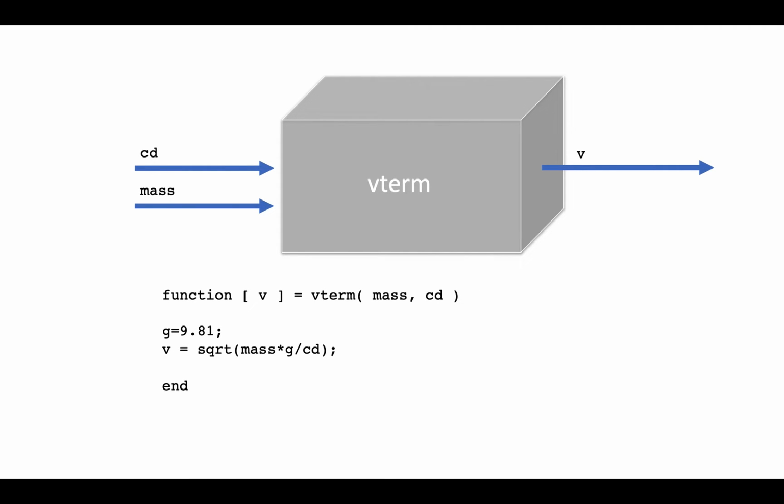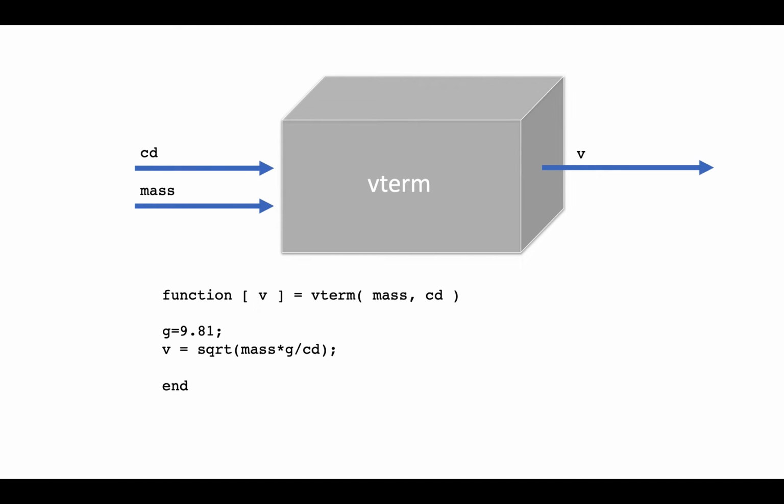Here's an example user-defined function for calculating the terminal velocity of a falling object. In this case, you take as inputs mass and the lumped drag coefficient, which we're just going to call CD. The output for this function will be v, the terminal velocity. Inside the function, it's quite simple.